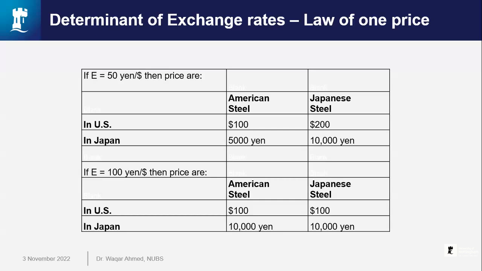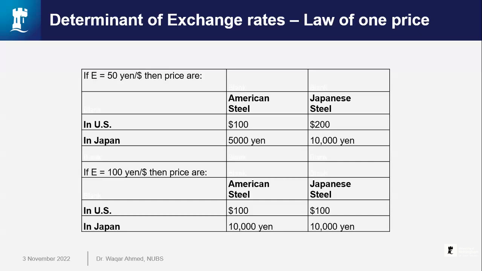Because in Japan the price is 10,000 yen, that would translate into a cost of 1 ton of steel in Japan in dollar terms of $200, right?